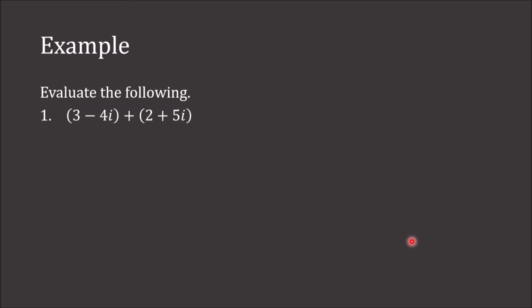So let's look at now applying arithmetic to complex numbers. We'll start by adding these two numbers here. So what we do, remember, is we add the corresponding components. So for the real parts, we have 3 plus 2. For the imaginary part, we have negative 4 plus 5.